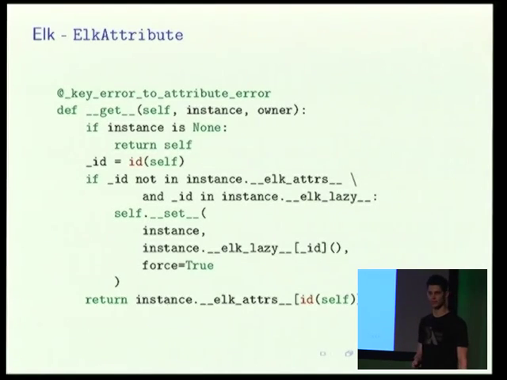Now, as I said earlier, I personally favour storing instance data in the instance. So the convention that I use is this __ElkAttribute attribute of the instance, which is a dictionary. But in order to have multiple ElkAttributes living harmoniously side by side in the same object, we need to make sure that their keys don't collide.